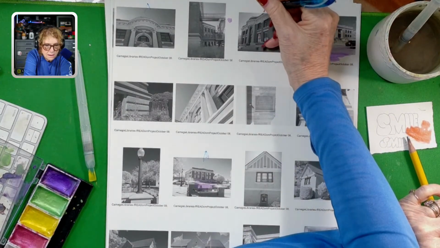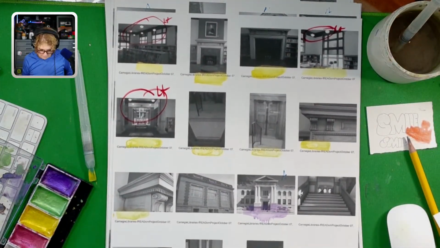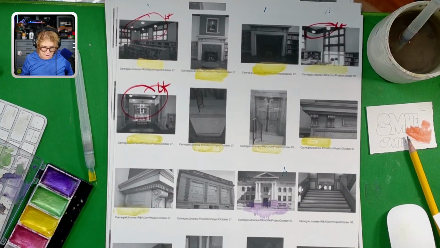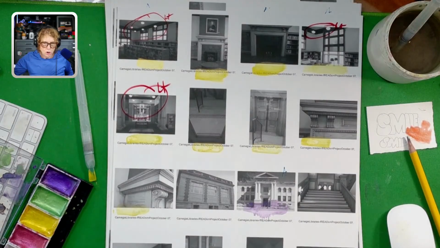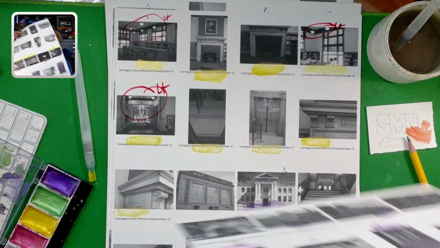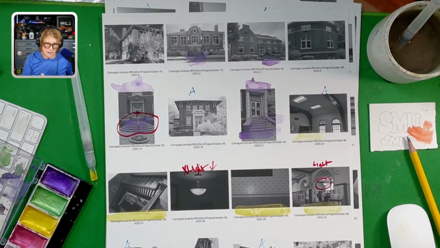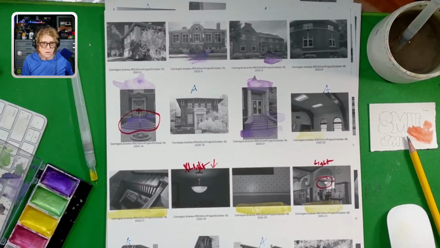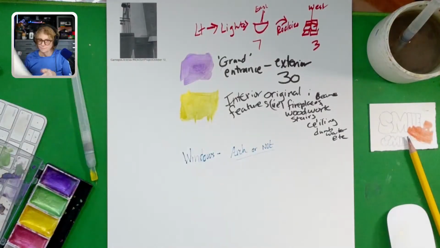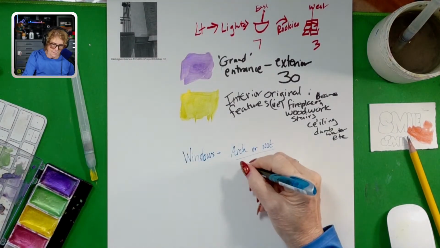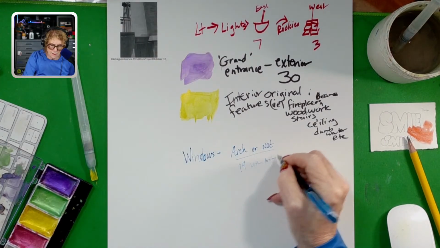I can't tell right now. 13, 14, 15, 16, 17, 18, 19. 19 with arch. Okay, window.